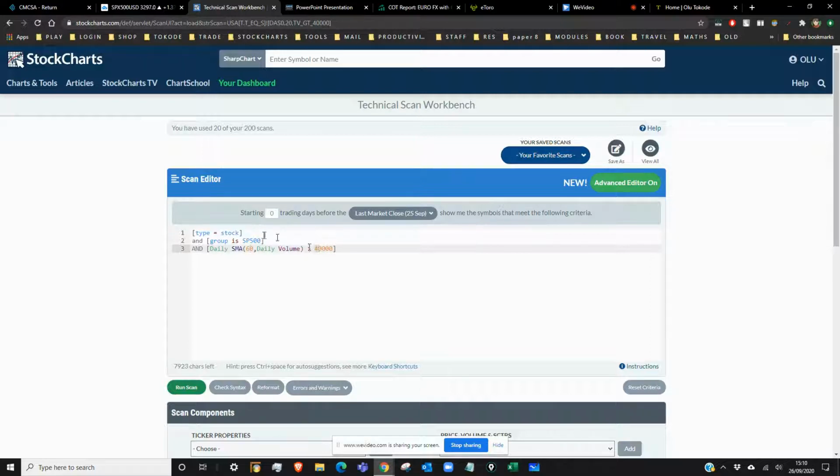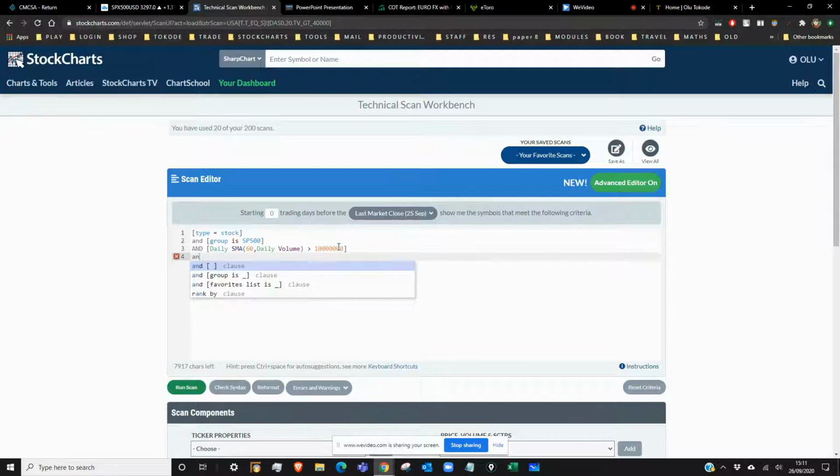I'm looking for stocks that are popular, stocks that others want to buy. Stocks that trade on average a daily volume of 10 million.